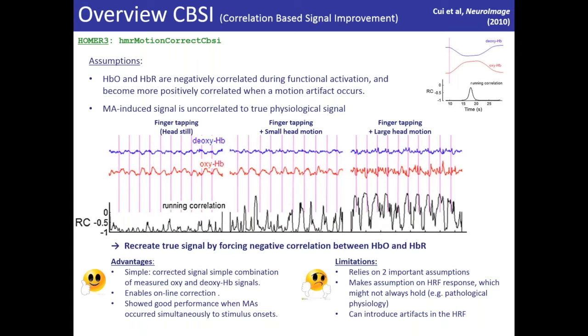You don't know if their physiology has changed from what is typically expected, that is, oxy and deoxy going in different directions. Maybe because of abnormal physiology, now they are going in the same direction. We don't know that. And we also don't know if this holds for all the tasks we will be doing in our experiments, or whether it holds in developmental stages, like for infants.